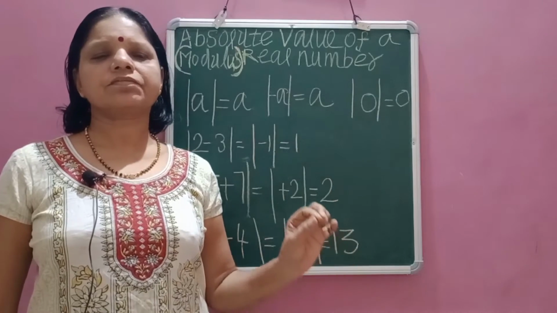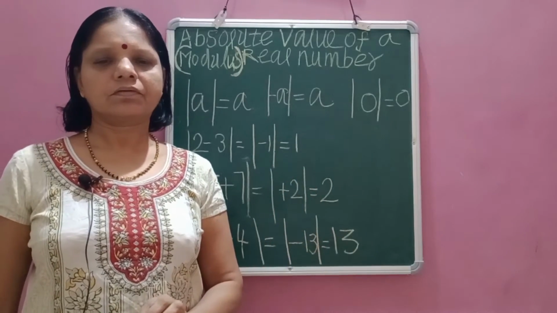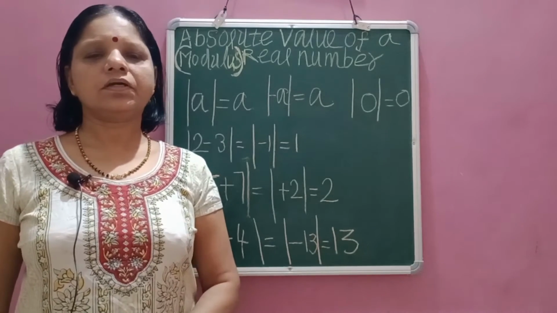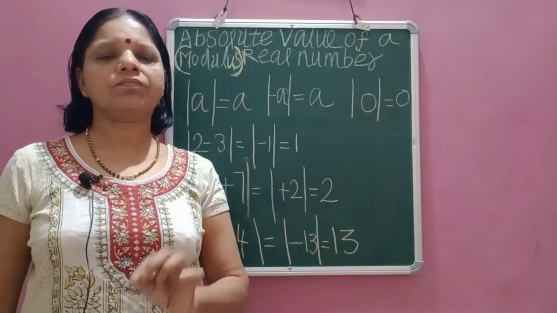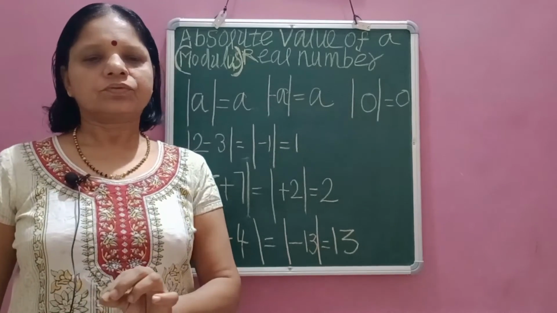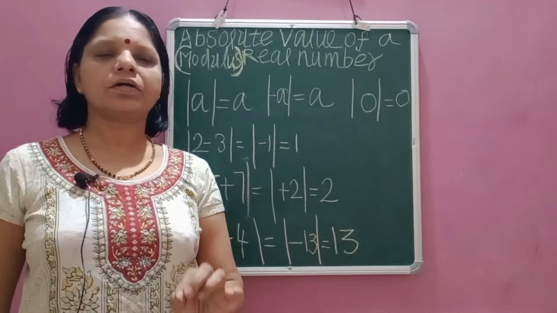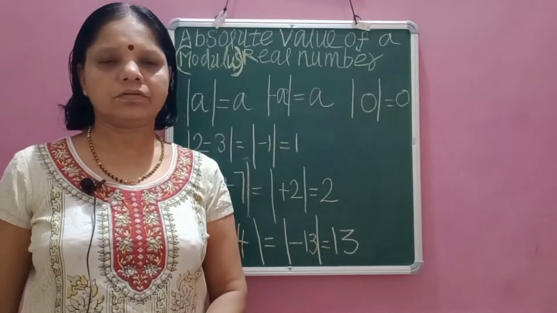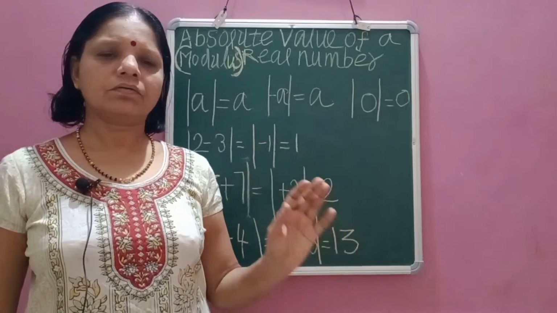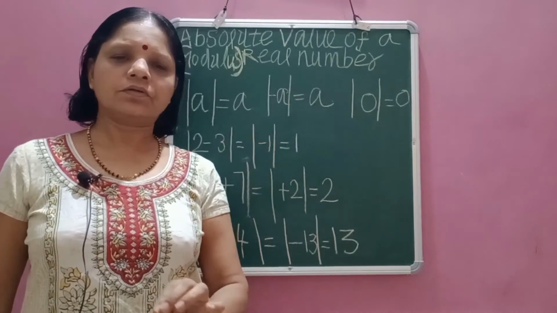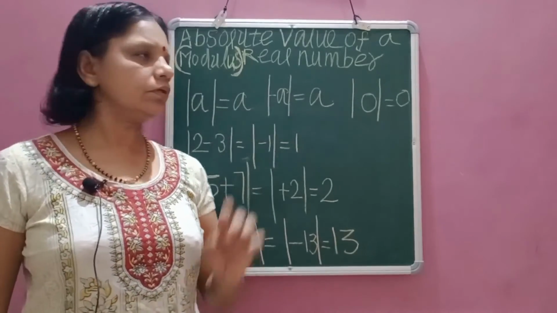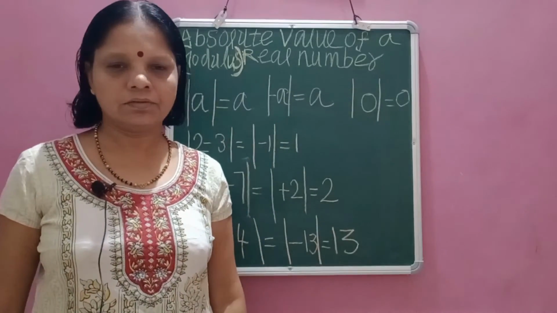If the number is plus 13, what does it mean? It is at 13 units away from 0 to the right. So both the quantity of measurement of distance is same. One is to the left and the other is to the right. This quantity of measurement is called absolute value.